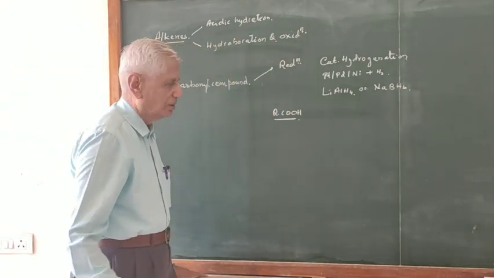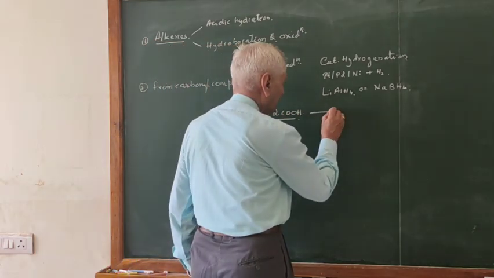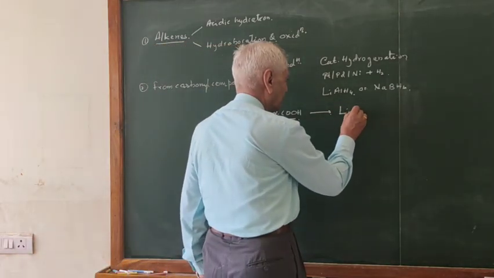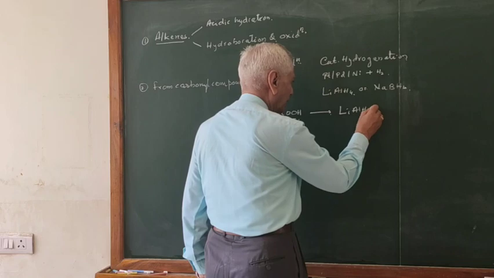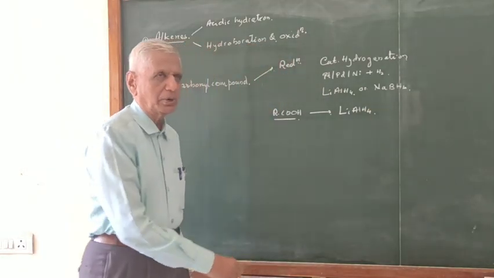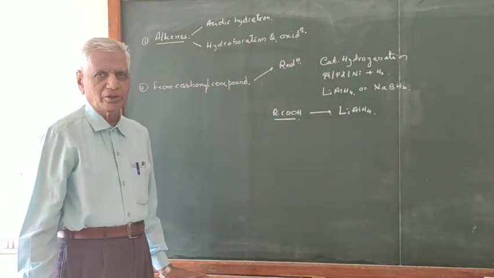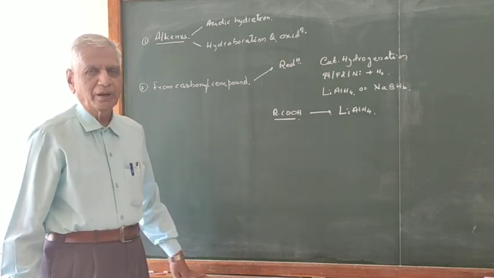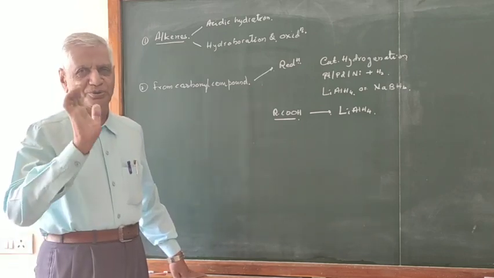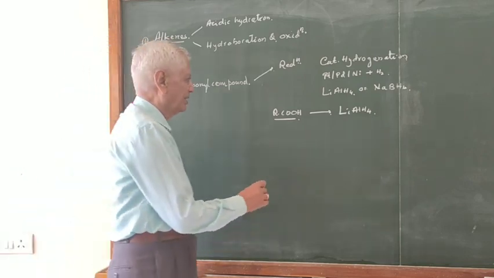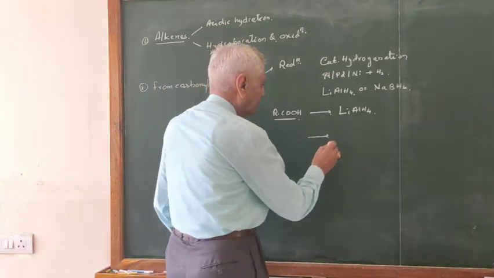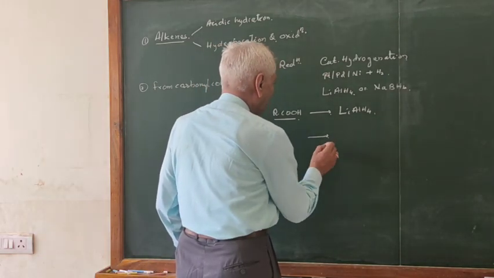From acids. From acid you can prepare alcohol by using lithium aluminium hydride. Lithium aluminium hydride, as you know, is a costly reagent. Therefore, this reagent is used only when you want to prepare a special type of alcohols. Otherwise, the acids can also be converted into alcohol by esterification.